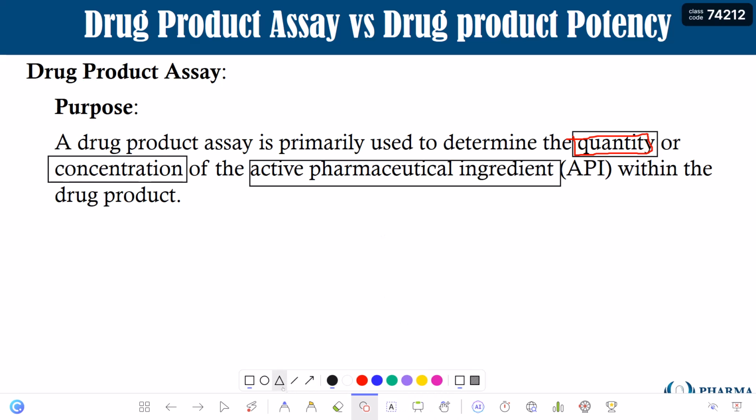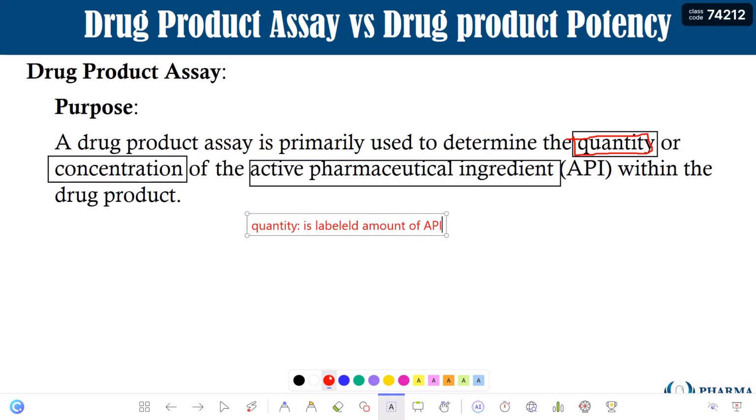I hope you understand the purpose of the drug product assay, that it can define the quantity or the concentration. Just to give an example for further clarification, if you are very new to the pharma industry, the quantity is the labeled amount of API per dosage unit. Means maybe 20 mg of telmisartan per tablet.